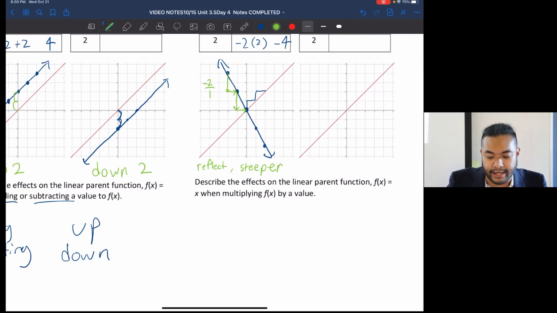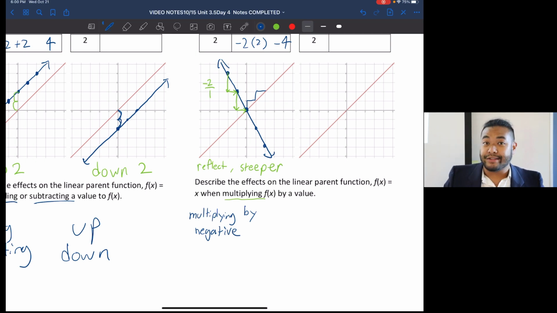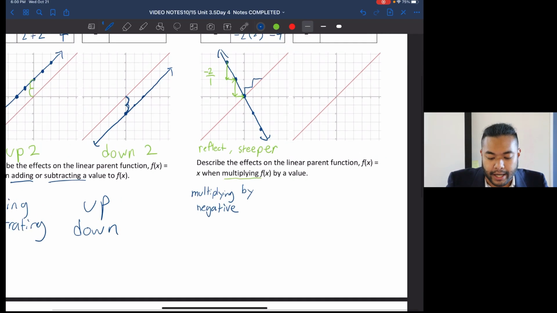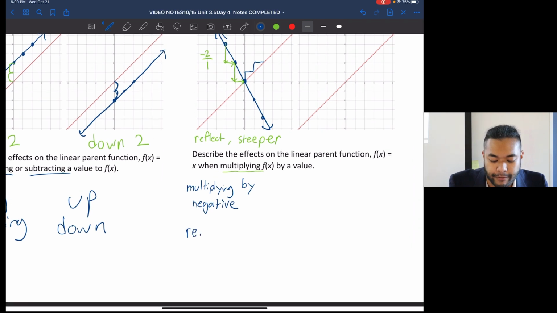Describe the effects on a linear parent function when multiplying f of x by a value. Well, the two transformations that happened. Multiplying by a negative number, it could be any negative number. So let's say I just multiplied it by -1, then the slope doesn't change, but the transformation is a reflection across the x-axis.